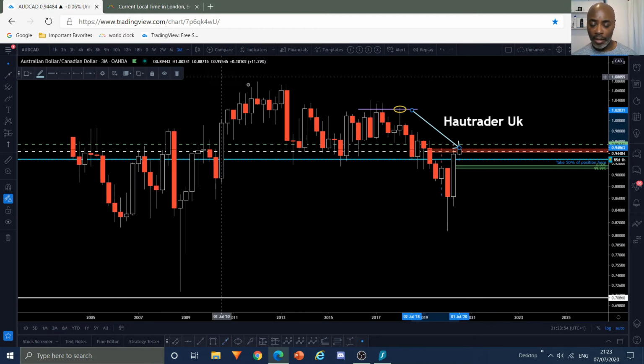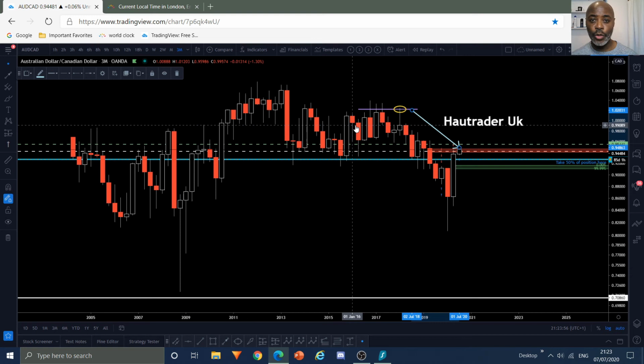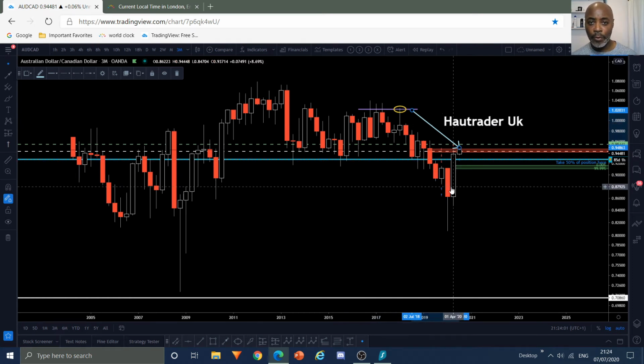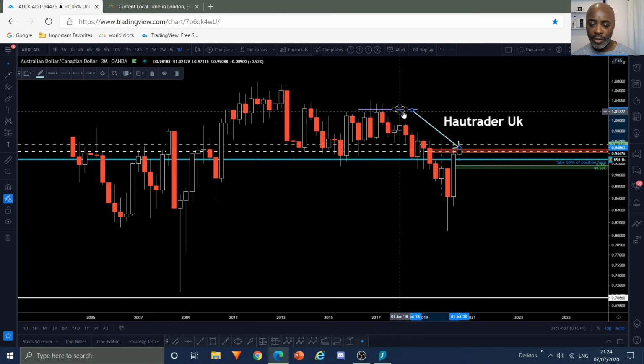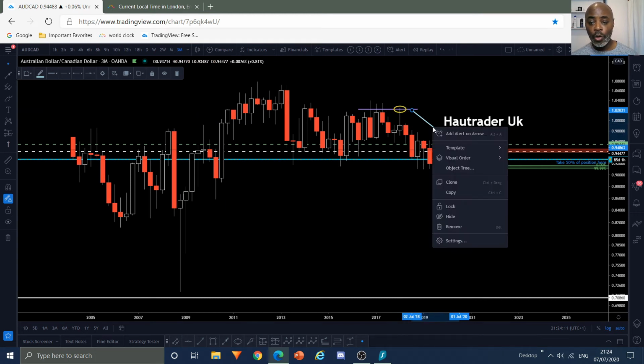This is the downtrend that we've been interested in, okay? Here we are on this 3-monthly chart, and each of these bars represents a 3-month period. As you can see here, this pair has been going down since January of 2018.